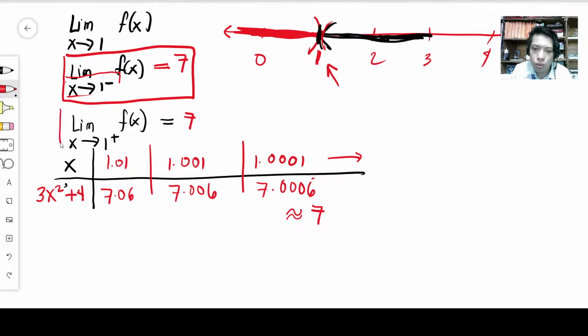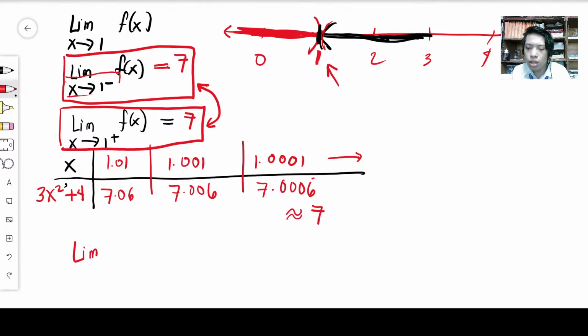Okay, when you look here, they are equal. So the limit of the function exists, and that is equal to 7.